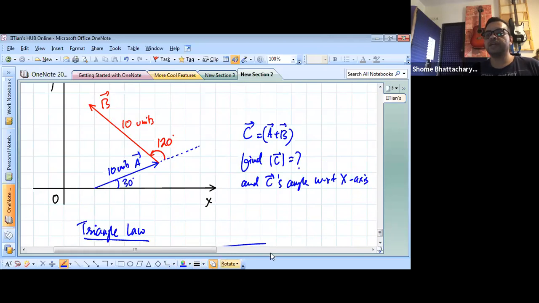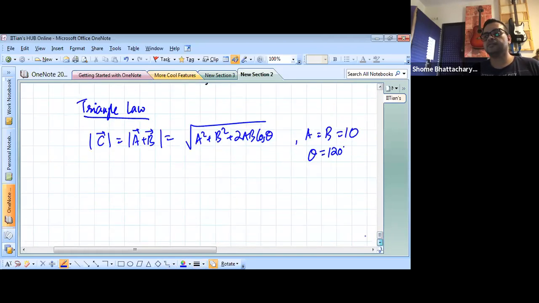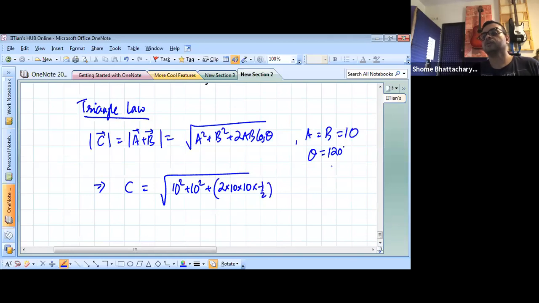So how much will cos 120 be? It will be minus half, because cos 120 is equal to minus cos 60, which is minus half. The quadrant 2 formula we'll discuss. So substitute that and you'll see C comes out to be 10.